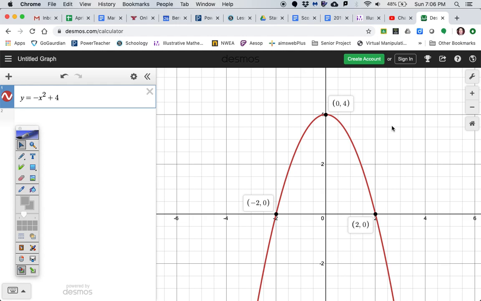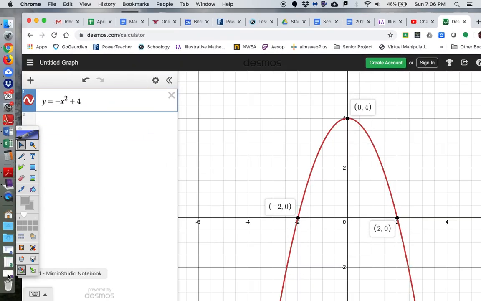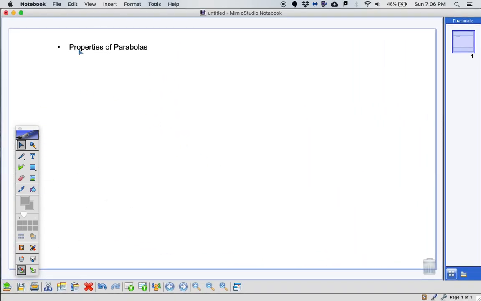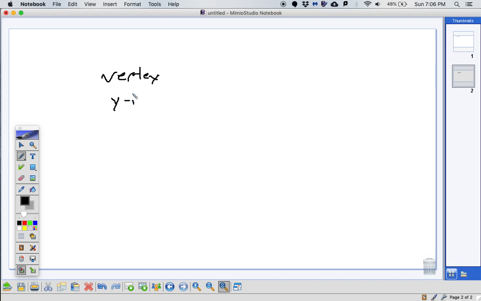So the things that you should be able to identify from Desmos are: you should be able to find me the vertex. You should find any y-intercept. There should always be a y-intercept. You should be able to tell me which way it opens.